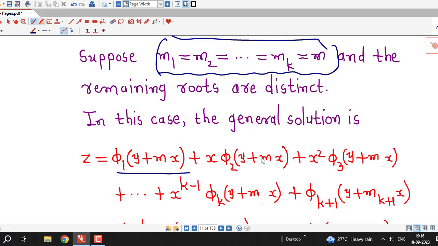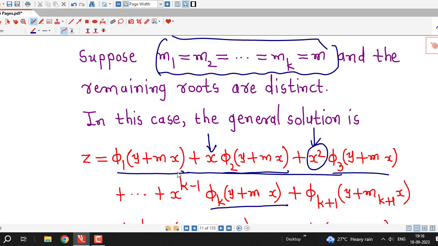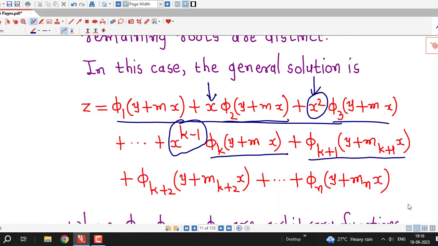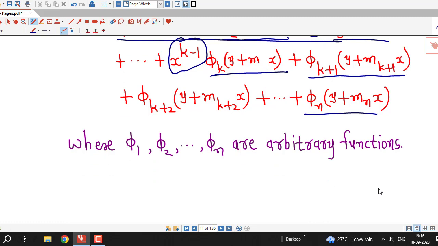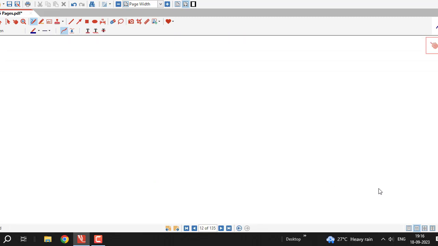So to make them distinct or independent, here I have multiplied by x, here I have multiplied by x square. If I have 3 equal roots, I have to go up to x square. So if I have k equal roots, I have to go up to x to the power k minus 1, and the remaining roots are distinct, so that I have written here: m(k+1) x, m(k+2) x, and so on. And these phi1, phi2, up to phi n are arbitrary functions.